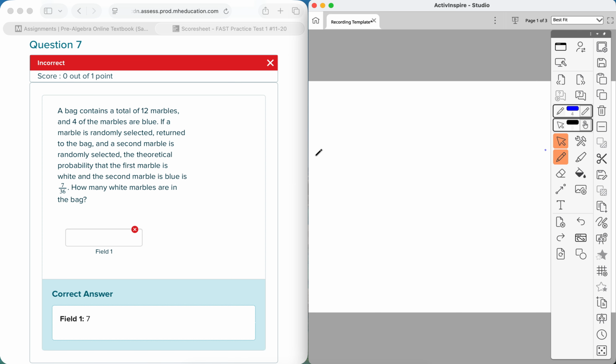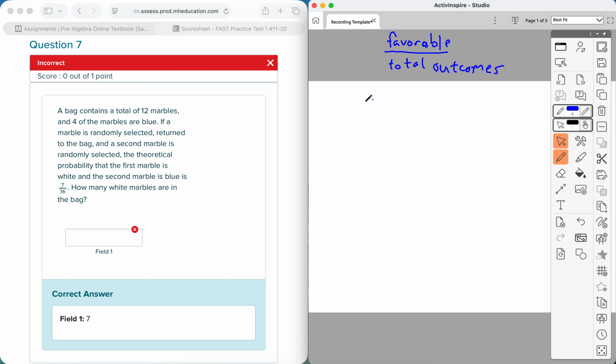Okay, so probability, we want to do favorable outcomes over total outcomes. I also remember in class that a lot of students were assuming that there was only white and blue marbles in this bag, and that's not necessarily true.